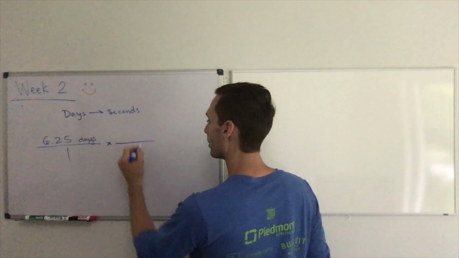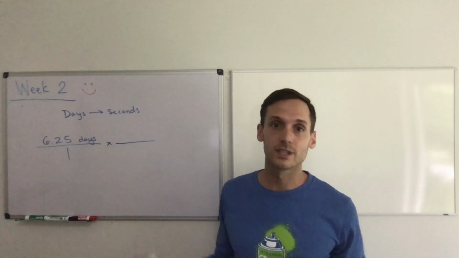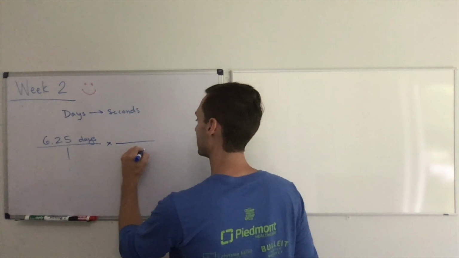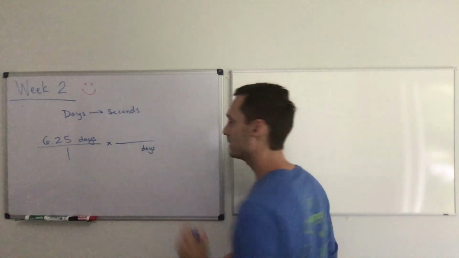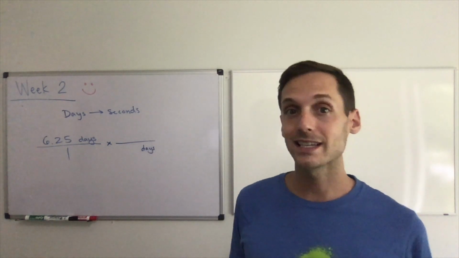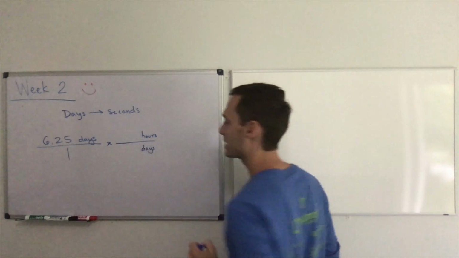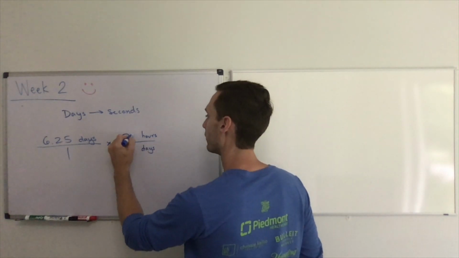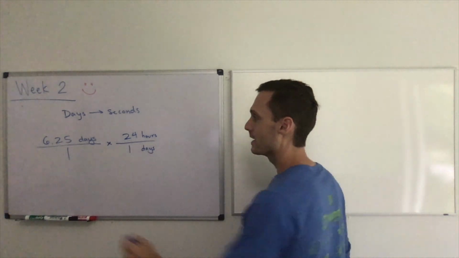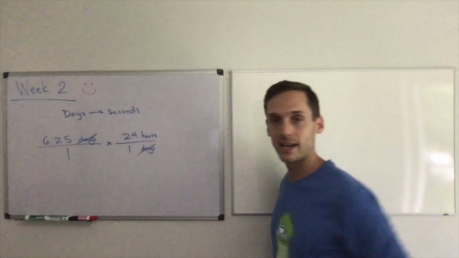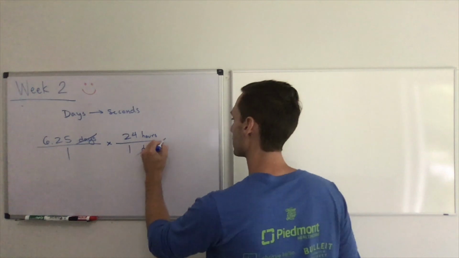But what we do know is that there are 24 hours in a day. So we could put days here in the denominator because that's what we want to get to cancel, and we can put hours up top. For every 24 hours is 1 day. Now days cancels. And then we just keep going.